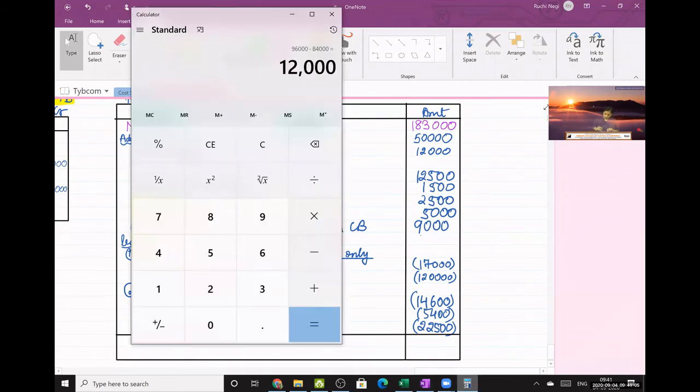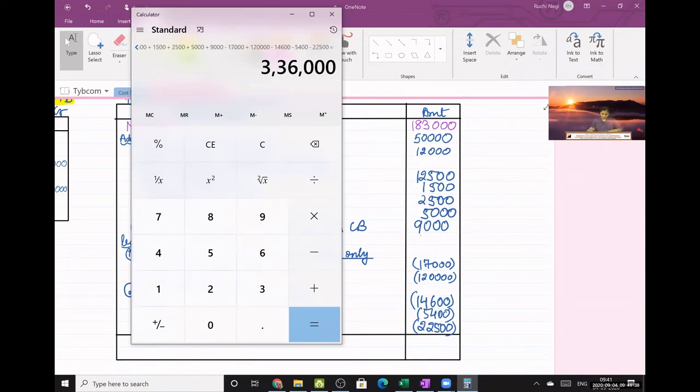So add this: 1,83,000 plus 50 plus 12 plus 12,500 plus 1,500 plus 2,500 plus 5,000 plus 9,000 minus 17,000 minus 1,20,000 minus 14,600 minus 5,400 minus 22,500.